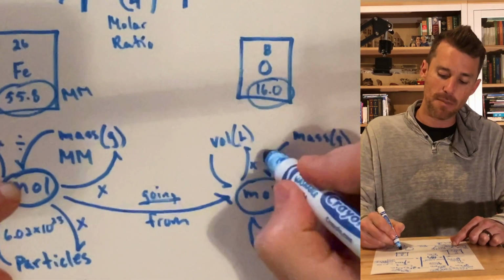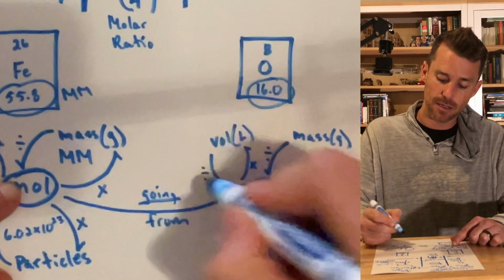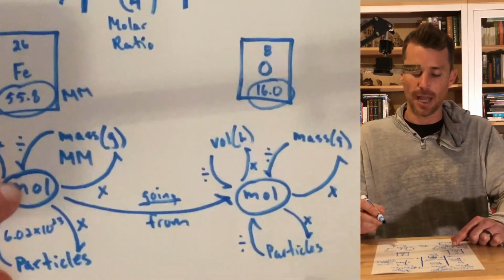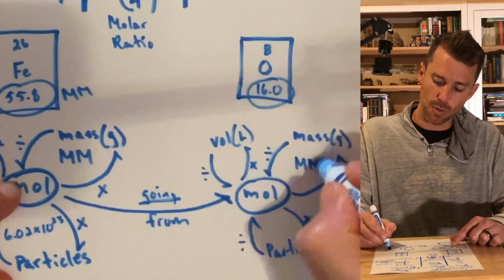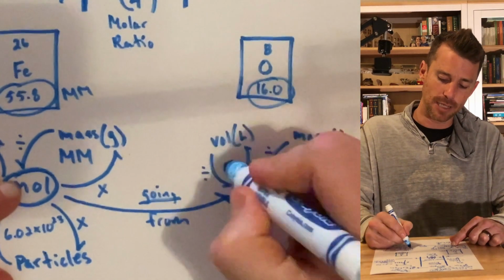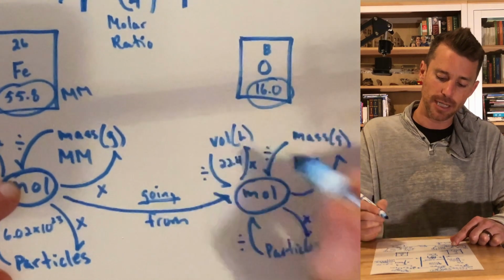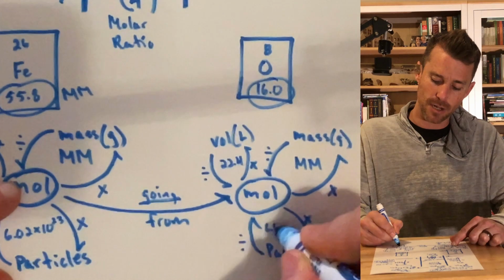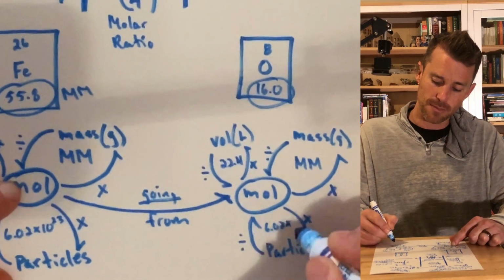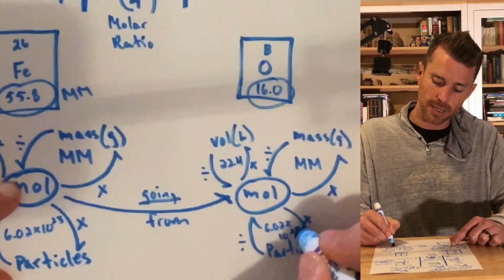And every time you come back, you divide. And what are our conversion factors? This one is molar mass. This one is 22.4 liters per mole. And this one is particles per mole, 6.02 times 10 to the 23rd.